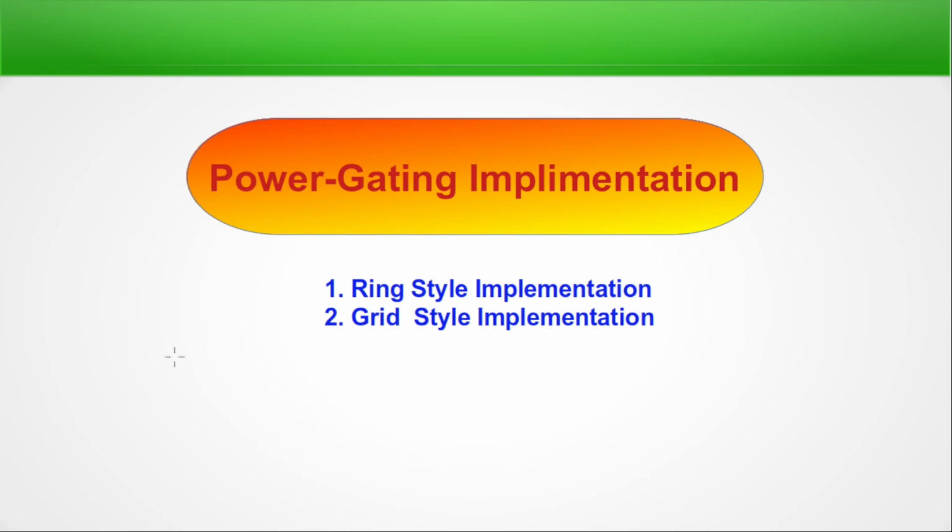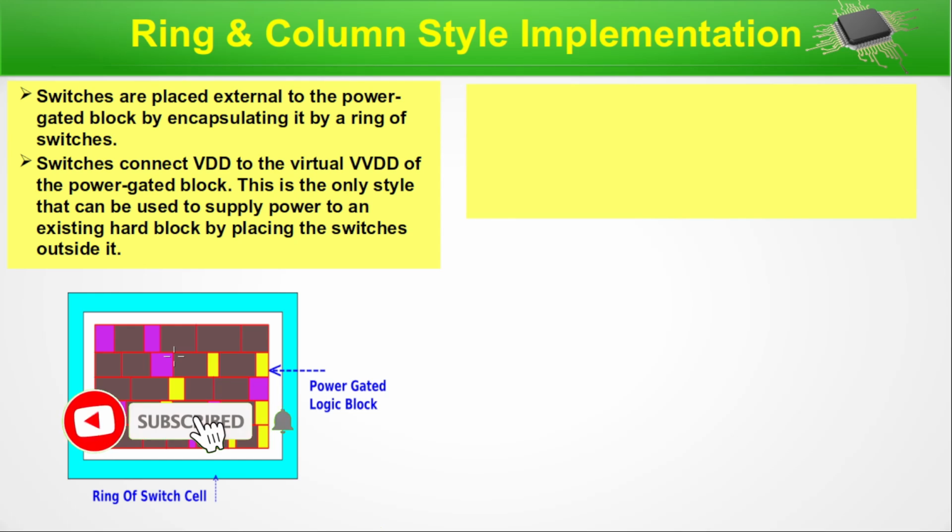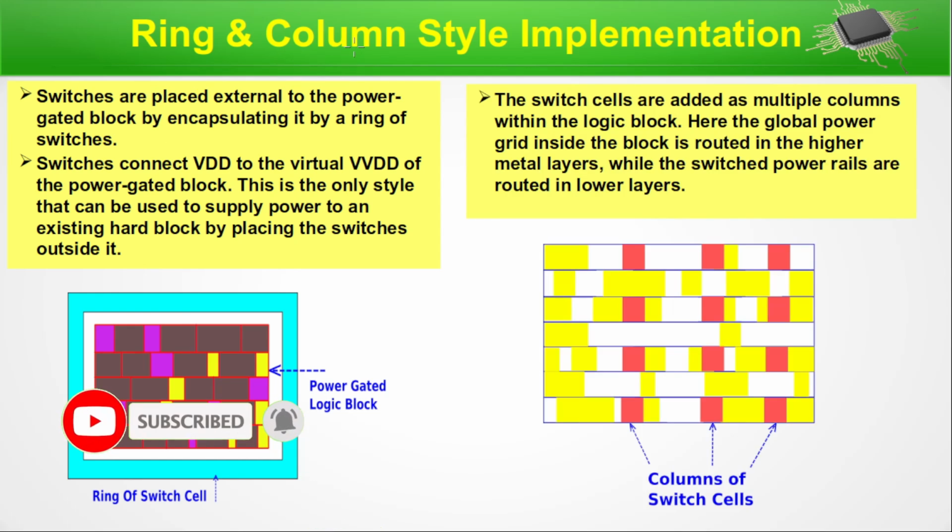Next is power gating implementation. There are two types of implementation: ring style implementation and grid style implementation. The switches are placed external to the power gated block by encapsulating it with a ring of switches. This is the core part.